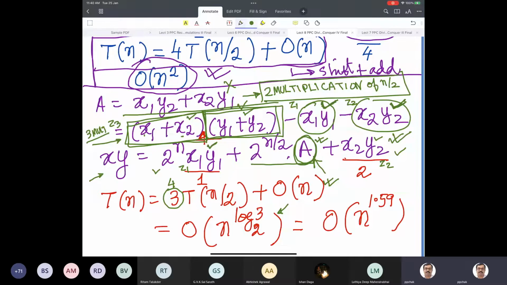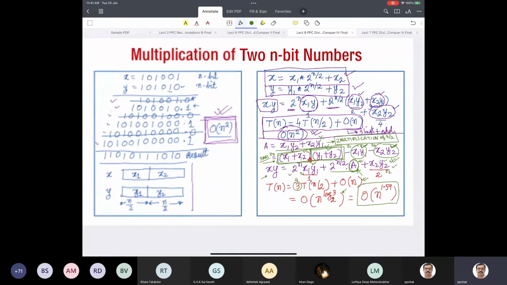And therefore, my multiplication of two n-bit numbers complexity reduces from order n squared to order n^1.59, which is log 3 to the base 2. Any questions here? Any questions? No, sir. Good, good.